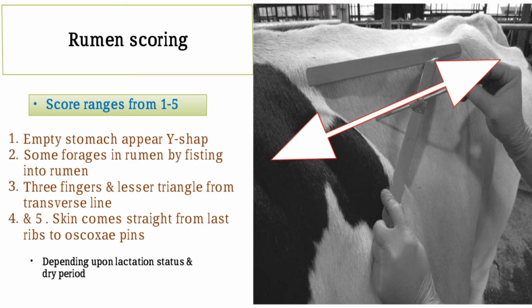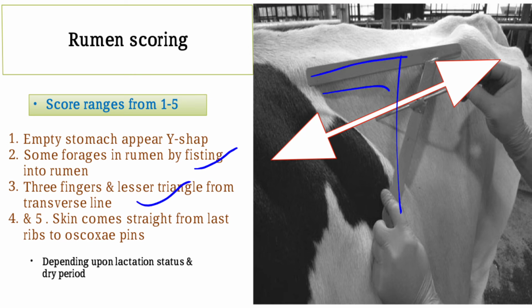Here you can examine how to score the rumen. Rumen scoring ranges from 1 to 5. Number 1 is an empty stomach, which appears Y-shaped from the transverse line of the vertebral column or the lumbar vertebrae. Some forage in the rumen, by fisting into the rumen, indicates that this is score 2, and score 3 indicates that there are 3 fingers and a lesser triangle from the transverse line.